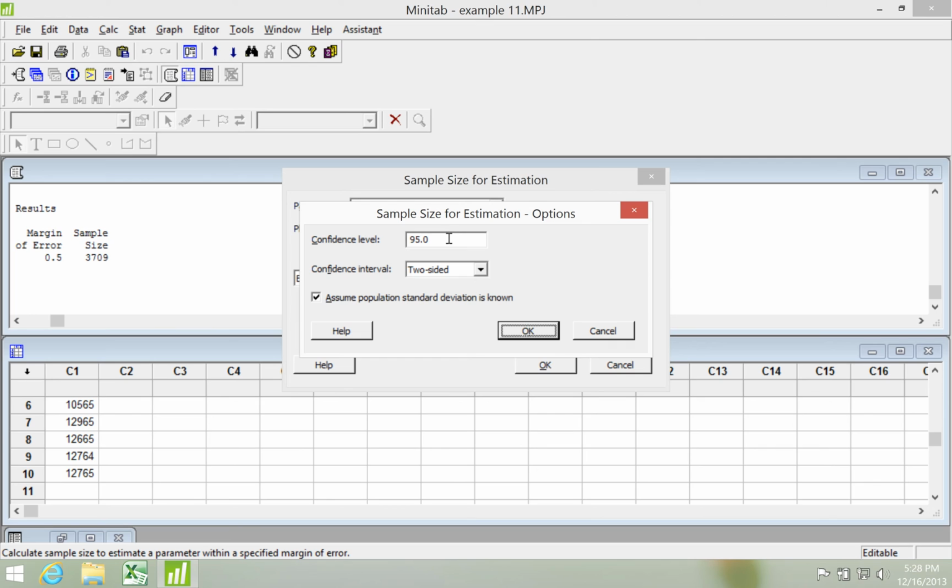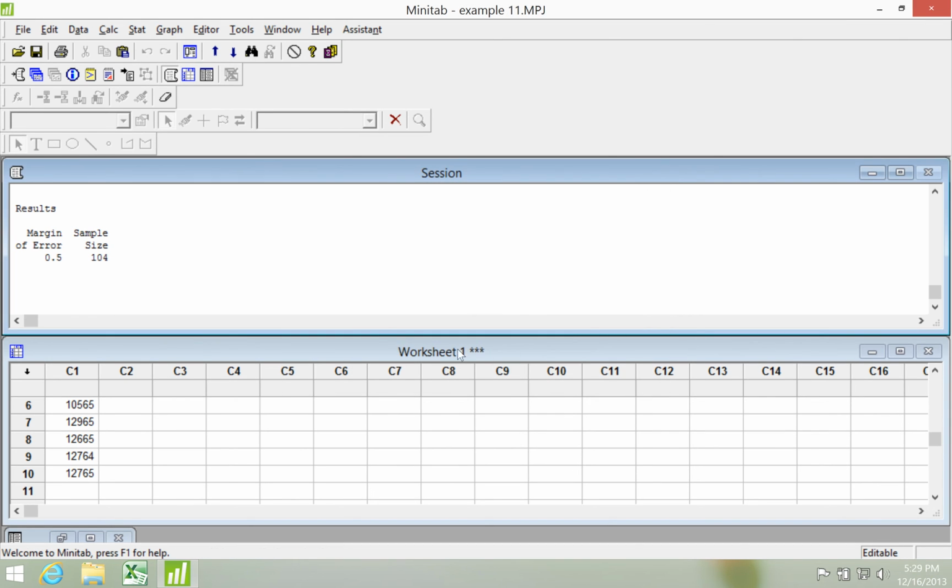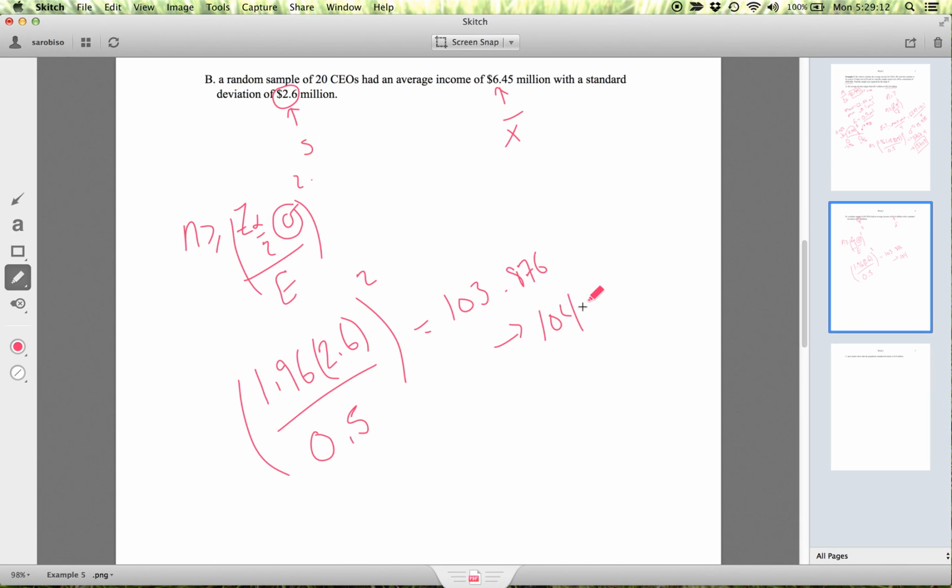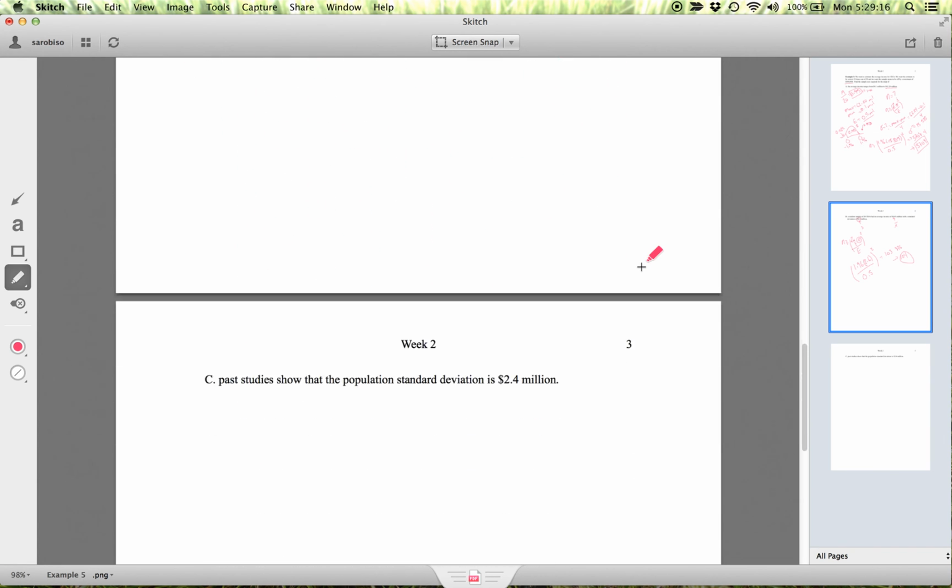Under options, we want our confidence level to be 95%, and we always want to check off that the population standard deviation is known. If this is true, we get the same value that we just calculated to be 104, just as we found by hand.